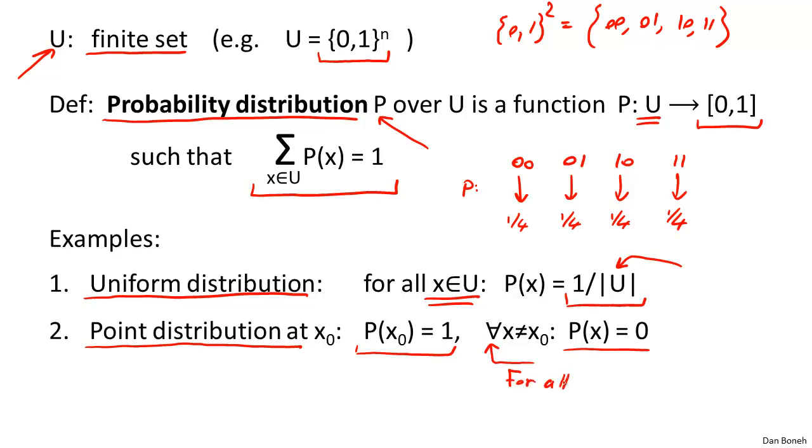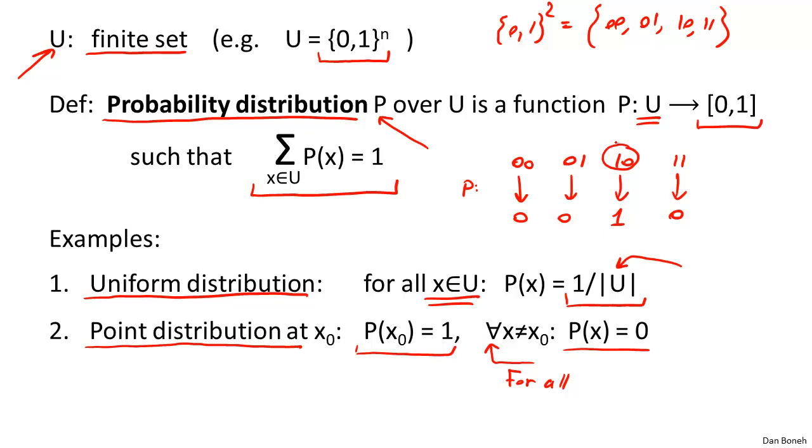So all this says is that for all x that are not equal to x0, the probability of that x is equal to 0. So again, going back to our example, a point distribution that would put all its mass on the string 10 would assign the probability 1 to the string 10 and 0 to all other strings. So now if I sample from this distribution, I'm always guaranteed to sample the string 10 and never sample any of the other strings.